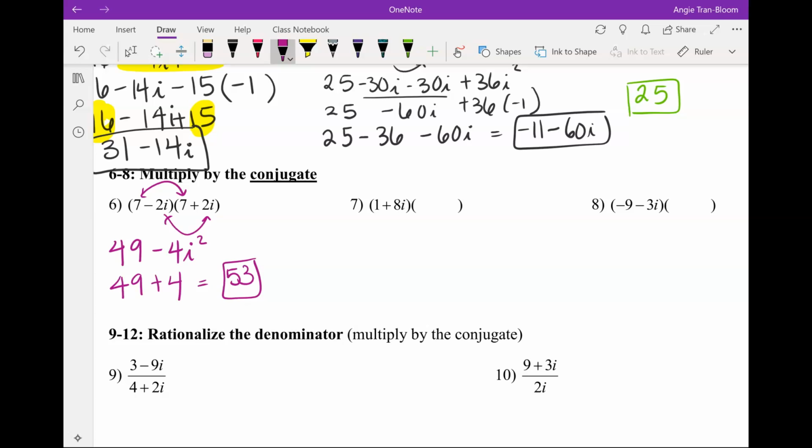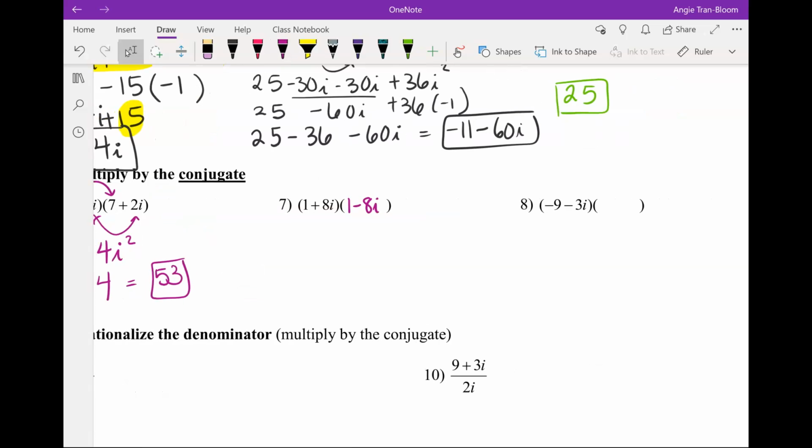All right, so 7. What's the conjugate of 1 plus 8i? 1 minus 8i. Now, before you go and happily multiply, cautiously tell me, what is the conjugate of negative 9 minus 3i? Carefully. Negative 9 plus 3i.